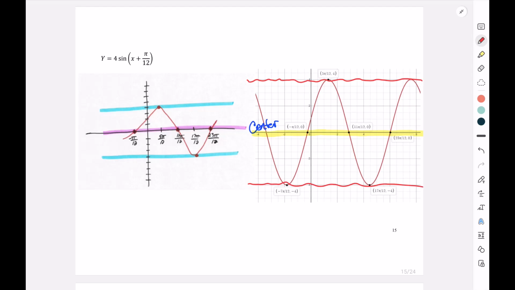We're going to start at negative pi over 12. So we can start right here. We'll go up to our amplitude, back down to our center, back down to our amplitude, back up to our center. And so now we did one full period, and we can just create our graph.